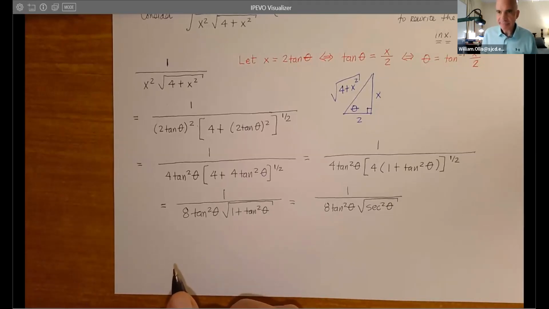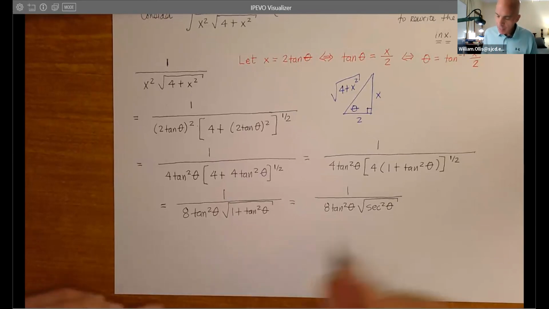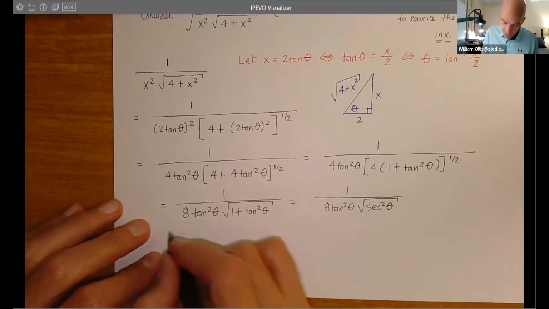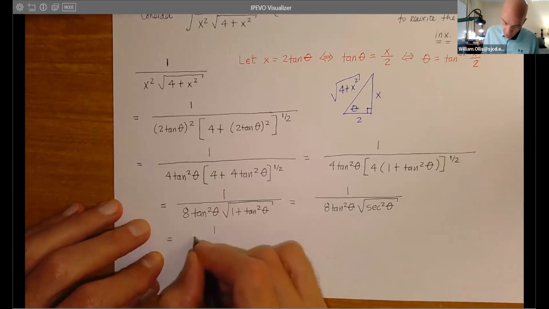With the secant, not so good. Unfortunately, math is not always perfect. If you do definite integrals, you have to figure out which branch you're using. So there's always arithmetic involved. Now, of course, the square root of secant squared is the absolute value of secant. So we're just killing this with all the steps.